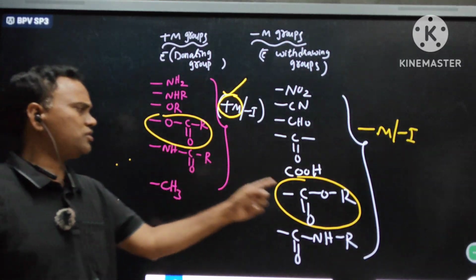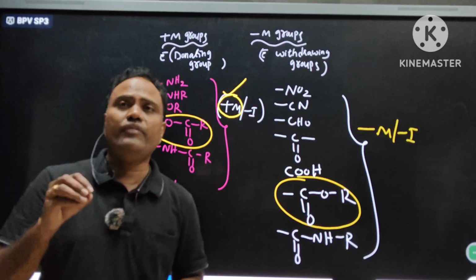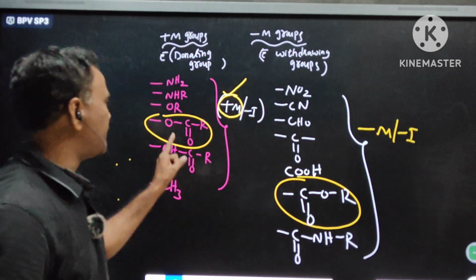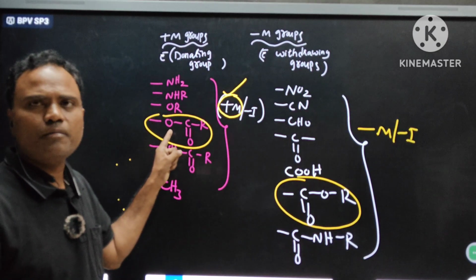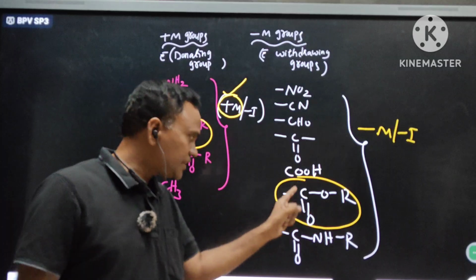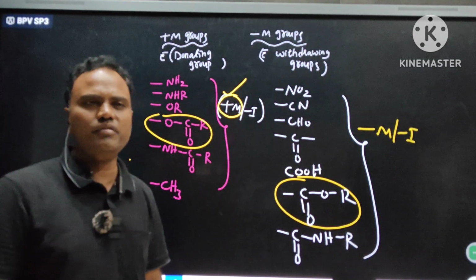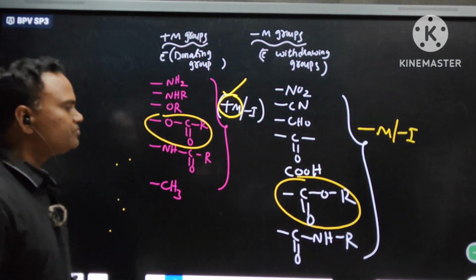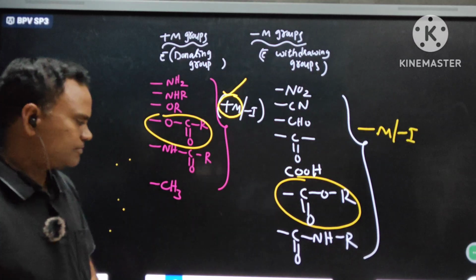What is that functional group? Ester. It acts as a plus M when you write oxygen at the terminal. It acts as a minus M when you write C double bond at the terminal. Very, very important. Clear? Note down this.